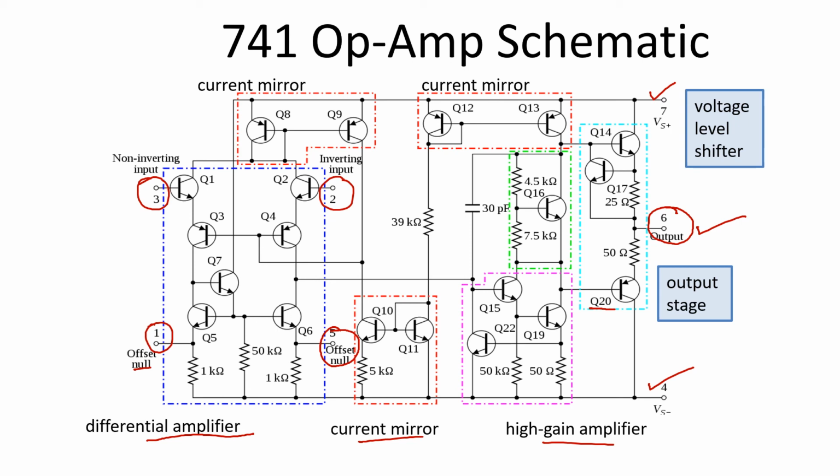Since there are many transistors connected in back-to-back or individual configurations, many times the internal parameters of these transistors, parameters of Q1 and Q2, may not be similar. That difference in their parameters gives rise to some offset voltage at pin number 6.